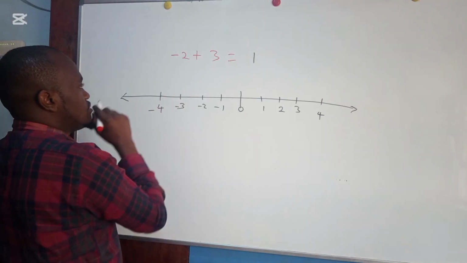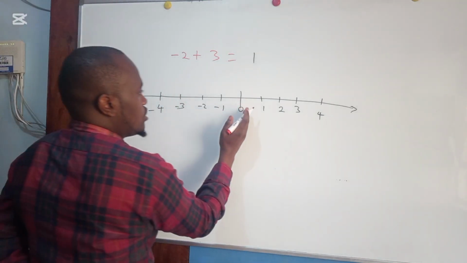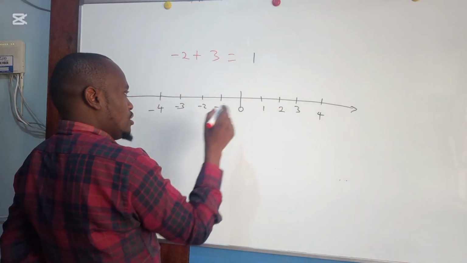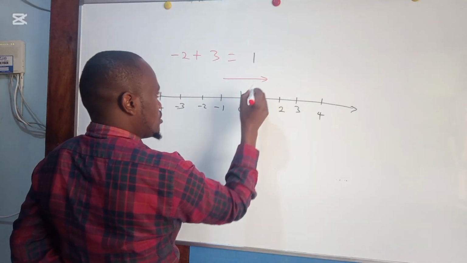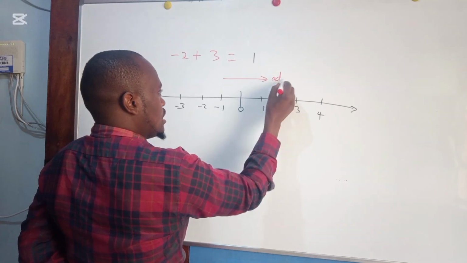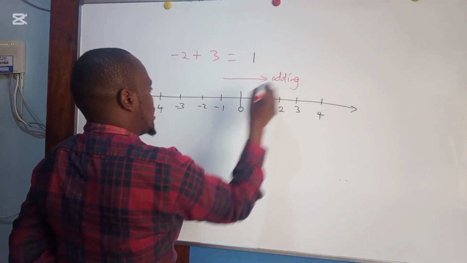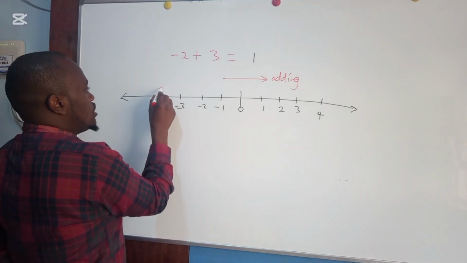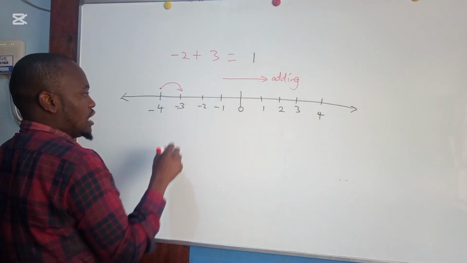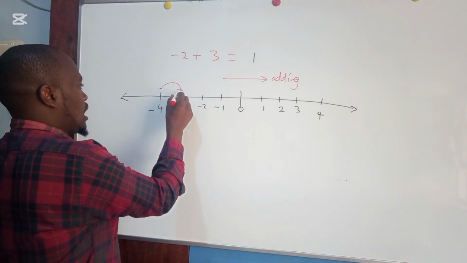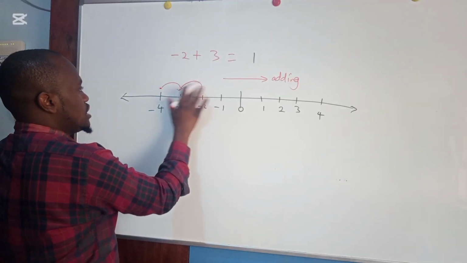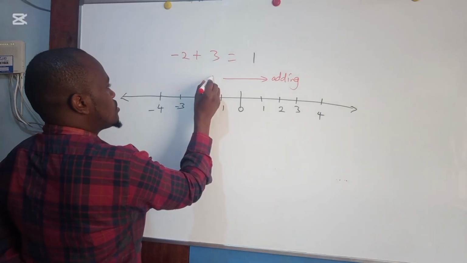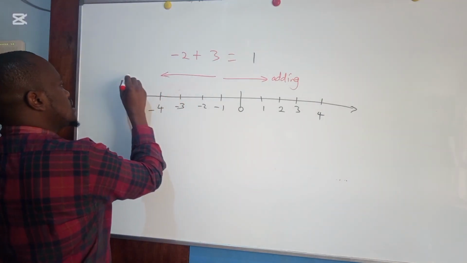You are told -2. So note that going this way from 0, this is positive. Another thing, when you are going this direction, you are adding. So going this way is adding, and going this way is subtracting.